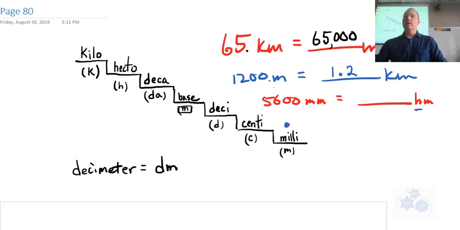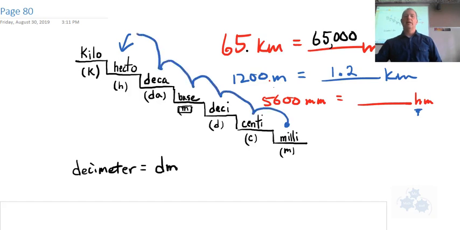And where am I going to? I'm going to this step right here, right? So it looks like I'm going to have to move that decimal place which direction? Left. And how many spaces? That's 1, 2, 3, 4, and 5. Does that make sense? So 5 spaces to the left.